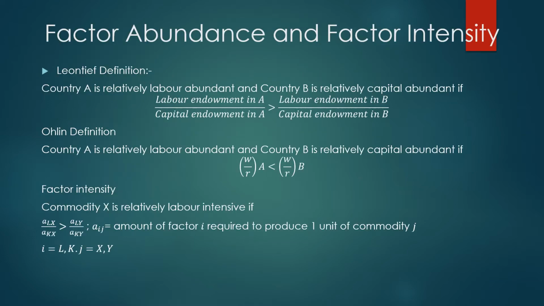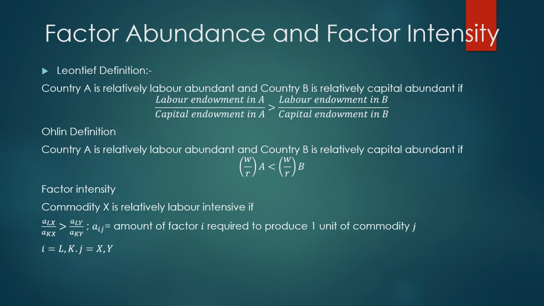Now, there are two definitions. The Leontief definition is also known as the physical definition of factor abundance. So what is the Leontief definition? Very simple: if the labor-capital endowment ratio in one country is greater than in the other country, then the former is called a relatively labor abundant country, and the latter will be called a relatively capital abundant country.